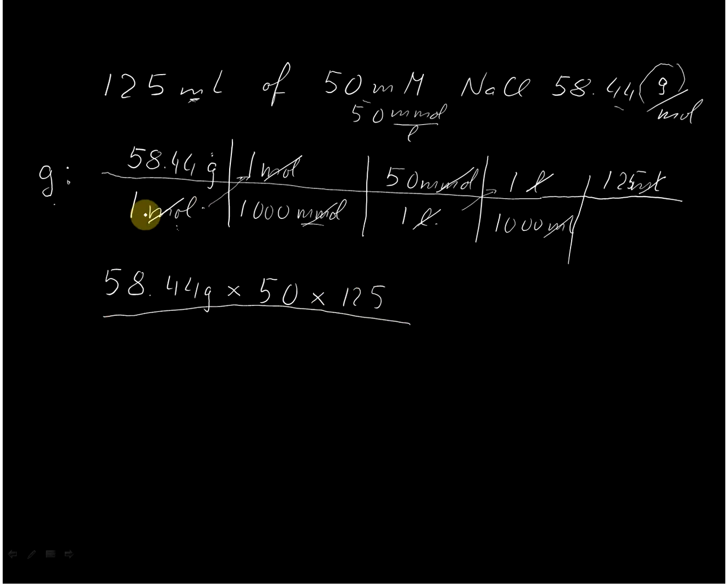The one here we can ignore. We've got 1,000 here. And we've got another 1,000 here. So all we need to do is calculate these things, multiply them together, and we get 0.365 grams. So this would be our answer.